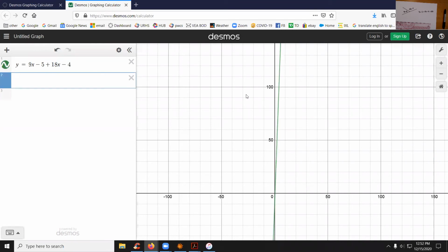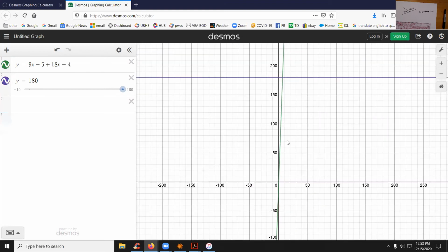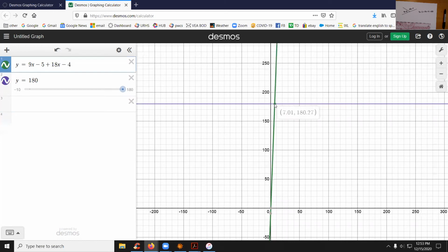It gives me this really steep line, but that's okay. And then y equals 180. I probably have to zoom out. There it is, you see? And if I click on where they intersected, there's my answer, 7.